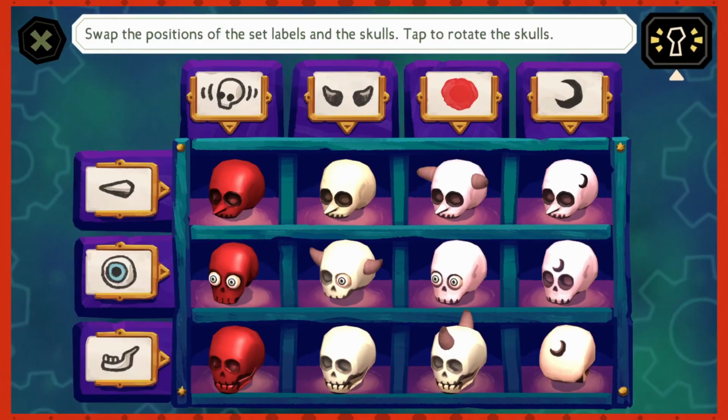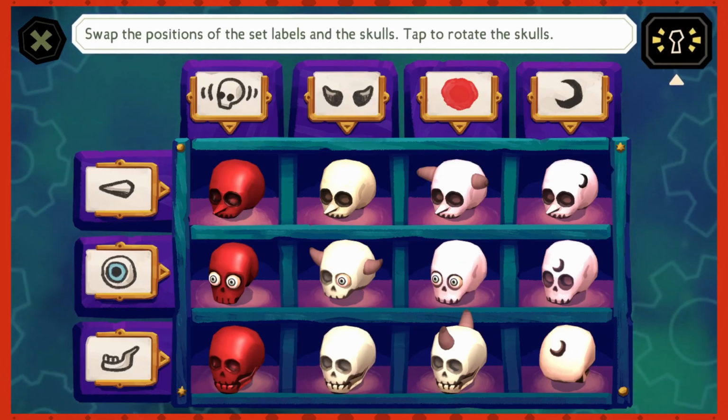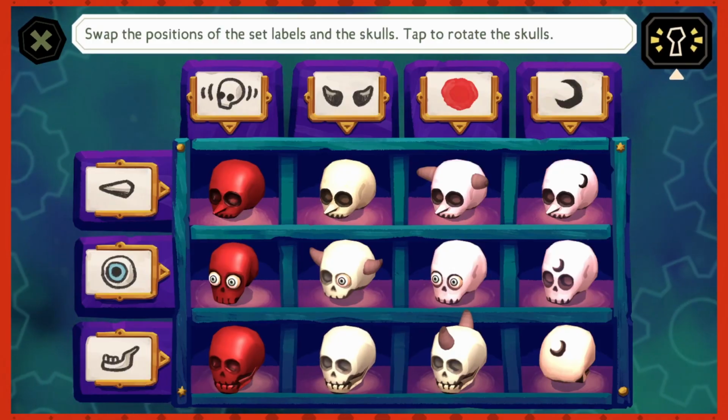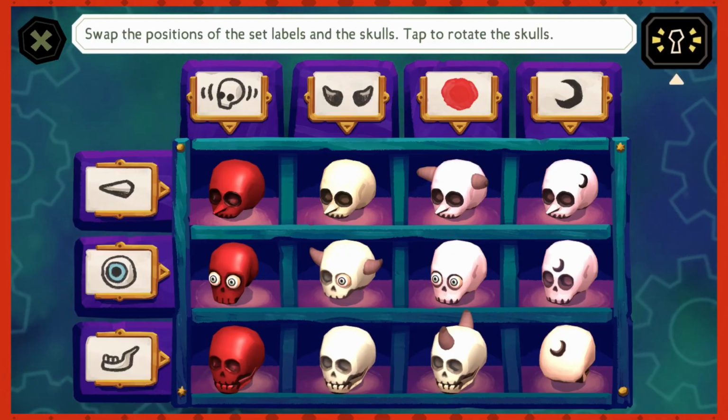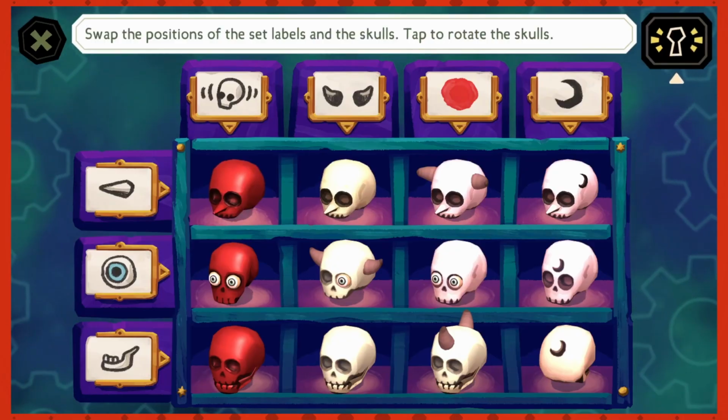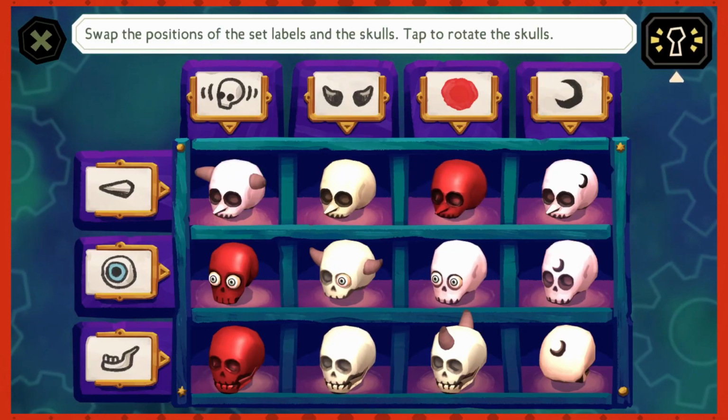I'm assuming that they all still need to be facing the right way. Rotating is just so I can see all the details. Does this have anything else? This has the sharp nose. And it's red. So we move this over here.